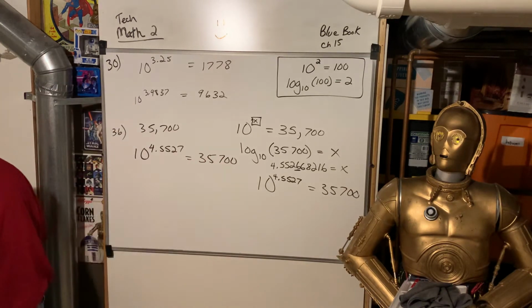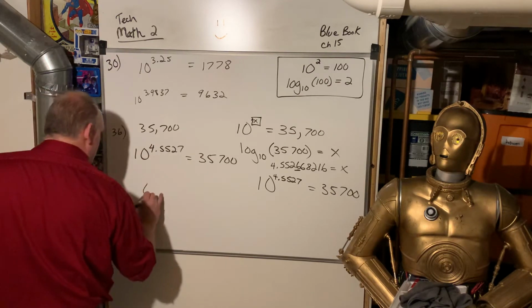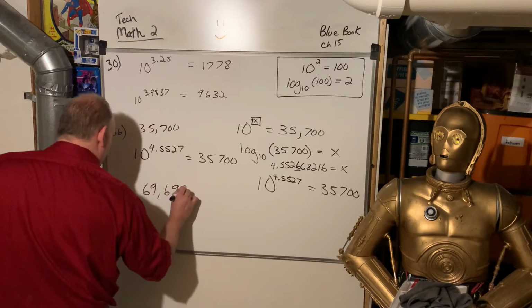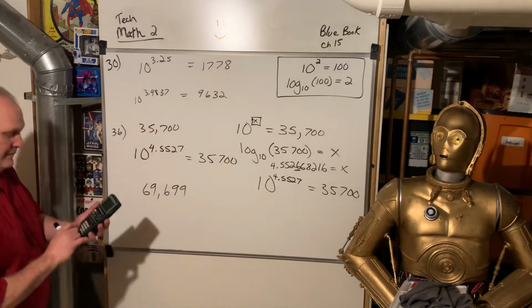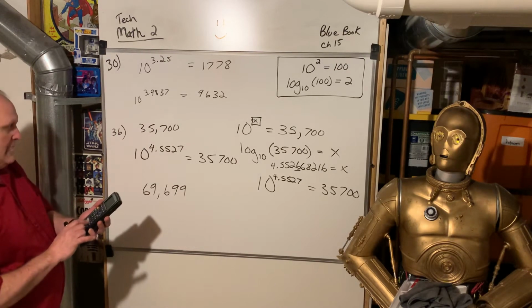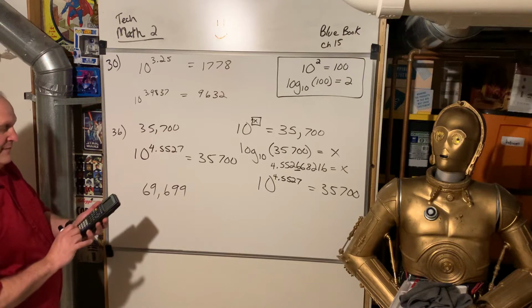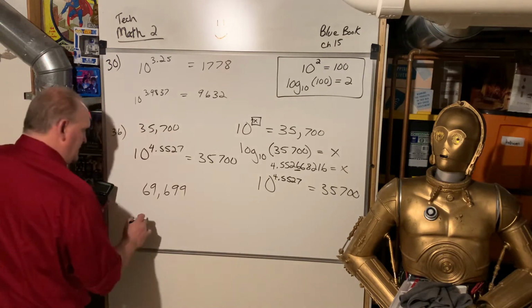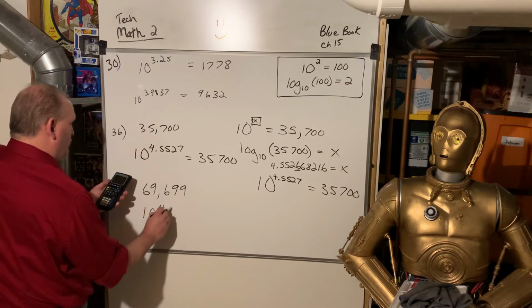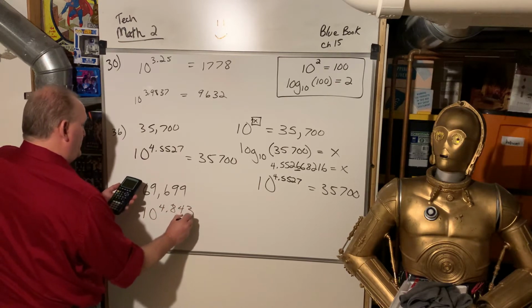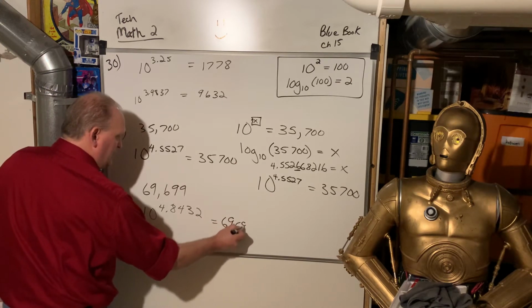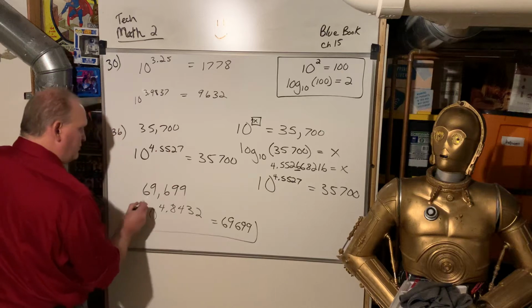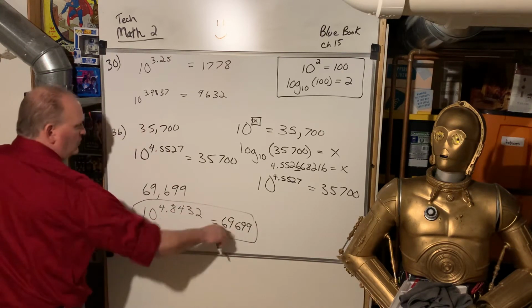All right. The other one they want us to do is 69,699. So how would I write that? I would do the same thing. Just take the log of 69,699, and that's 4.8. So 10 to the 4.8432 power is about 69,699. Again, because we didn't put all of the places down here, it won't be exactly that.